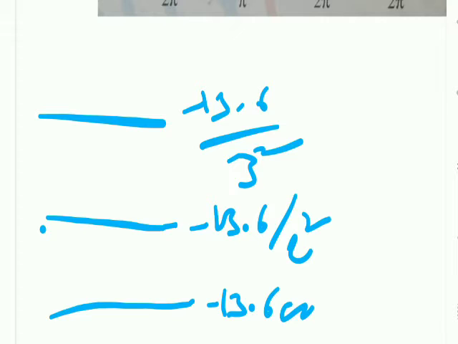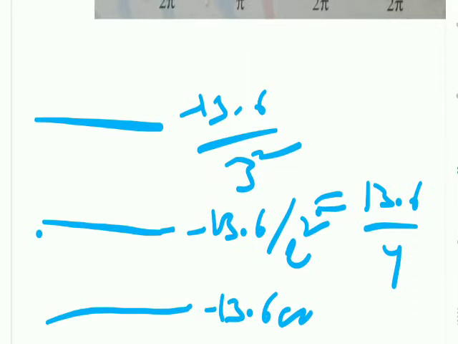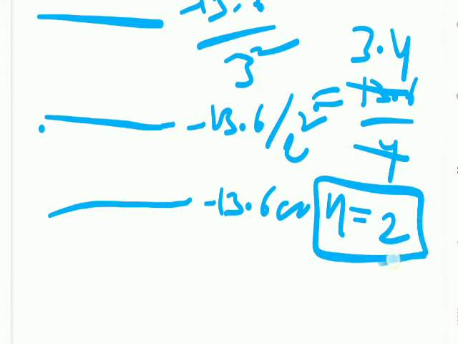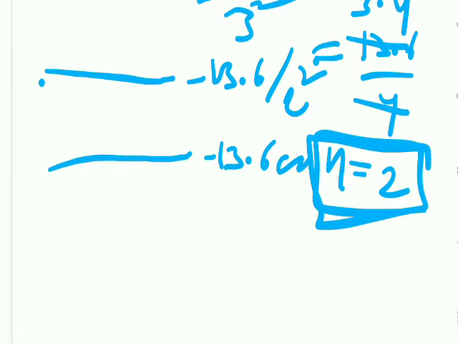So here 13.6 by 4: 4 3s are 12, 4 4s are 16, so 3.4. Nothing but n is equal to 2, it is the second orbit.